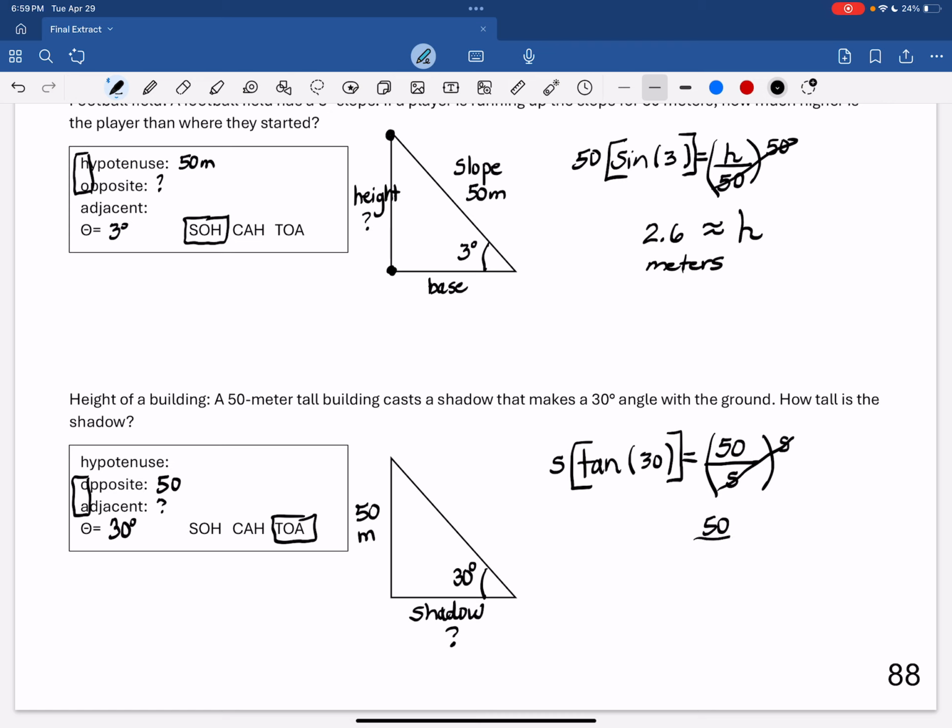So I'm going to have to divide by tan 30 to get it out of there, or work it out of there. So the shadow is approximately 50 divided by the tangent of 30, and I'm getting 86.6 meters. For the shadow of a 50-meter building, that's reasonable.